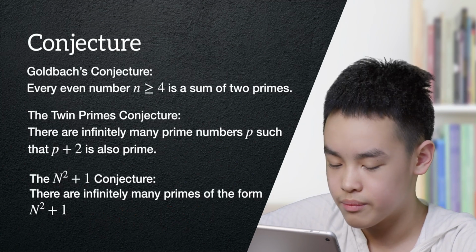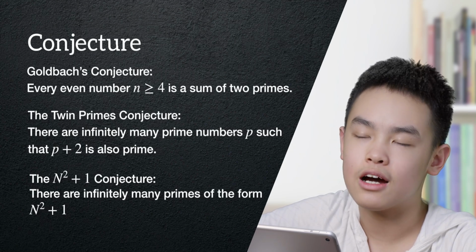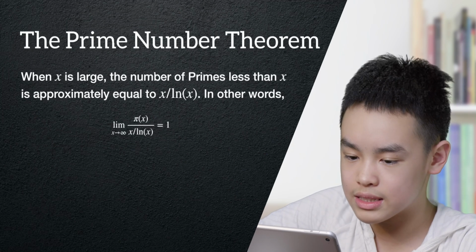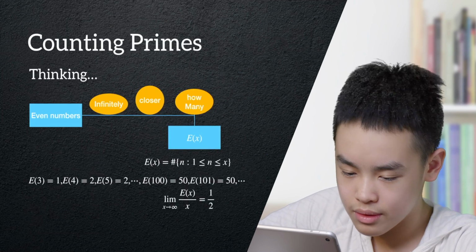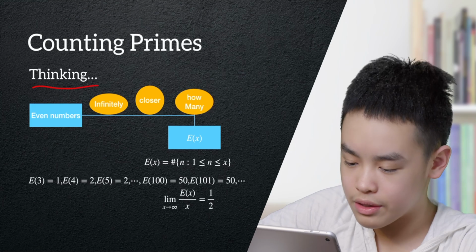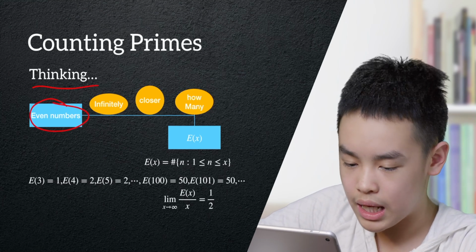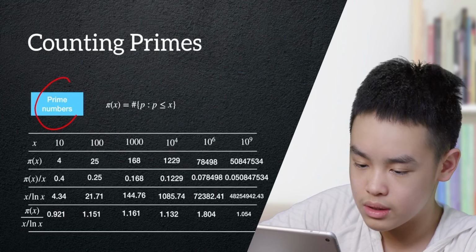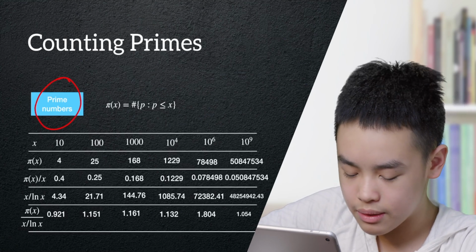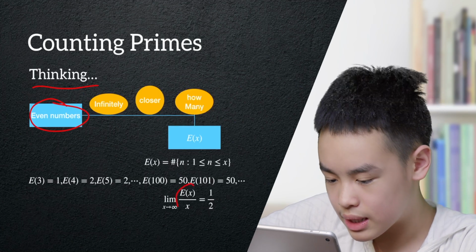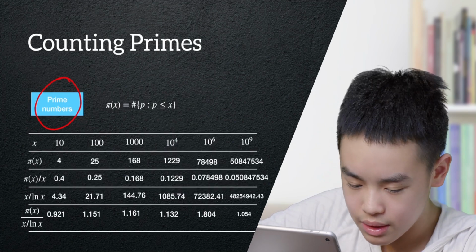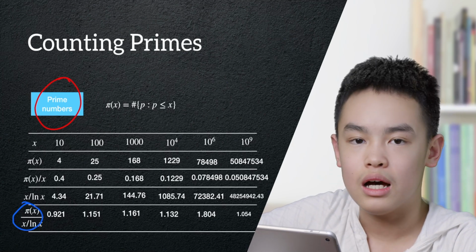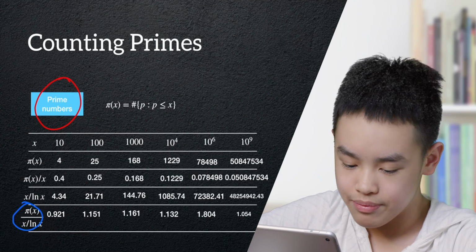This form. So that's actually all that we're going to cover today. And as I've said, it's quite a short lesson covering a new train of thought: counting even numbers and using the exact same train of thought on prime numbers. And note that this is E(x) over x, but meanwhile, this is pi(x) over x over ln x, which is a lot more complicated.